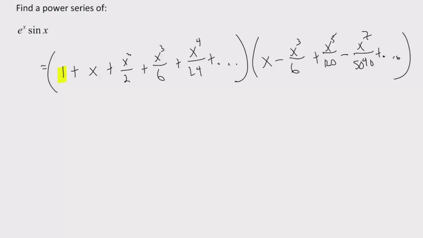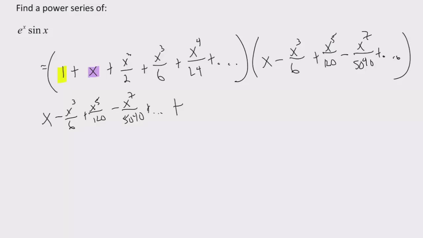If I multiply by 1, I would get x minus x cubed over 6 plus x to the 5th over 120 minus x to the 7th over 5040 plus dot dot dot. Okay, so that's just for the 1 times that expansion of sine.